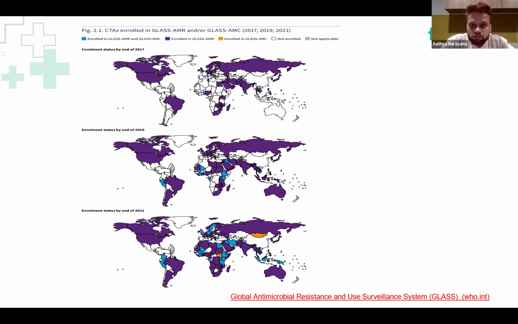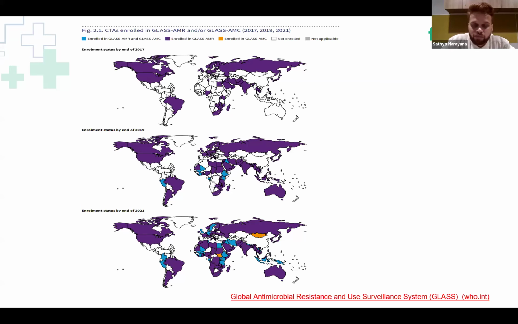And the white color indicates the countries not enrolled in anything. So this is how we differentiate. As per this report, India is only enrolled in antimicrobial resistance rates. Still, it is not enrolled under AMC, I mean antimicrobial consumption.